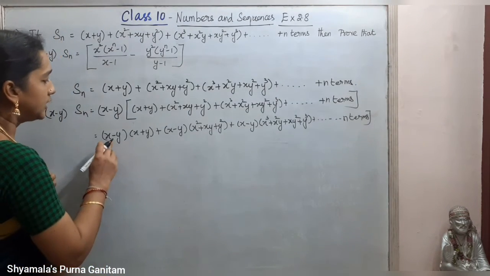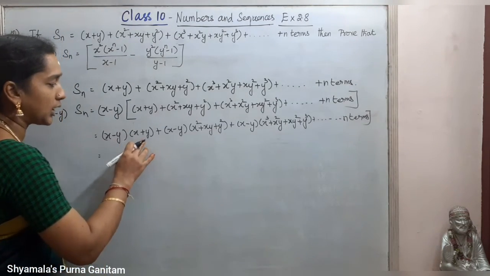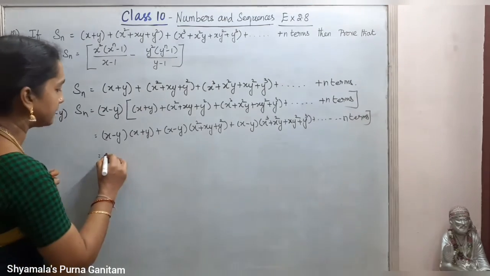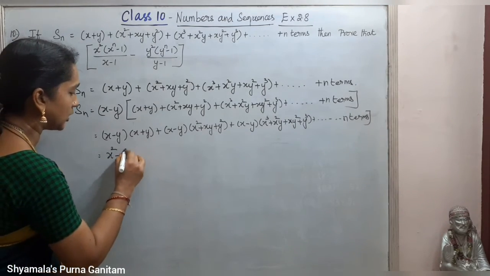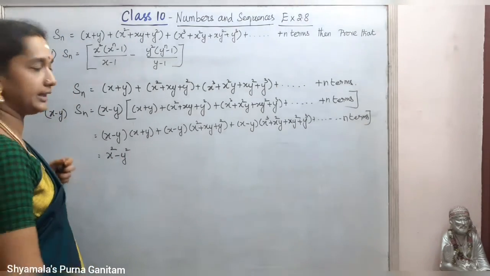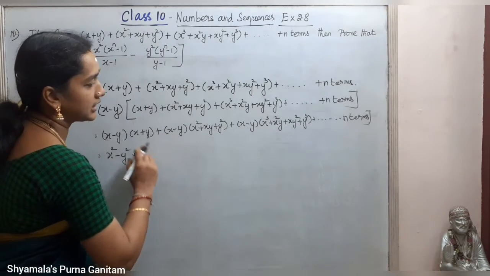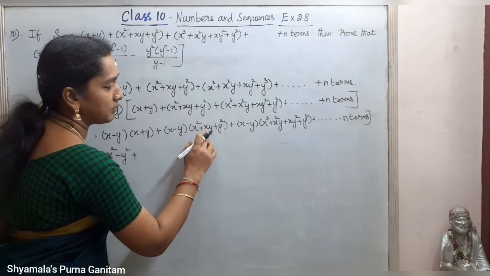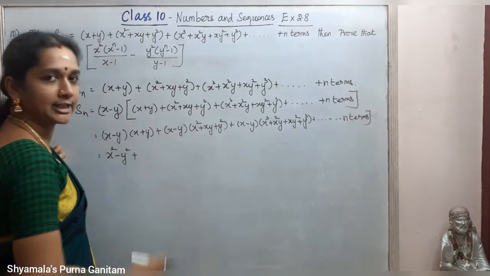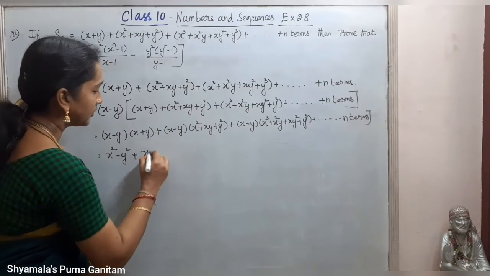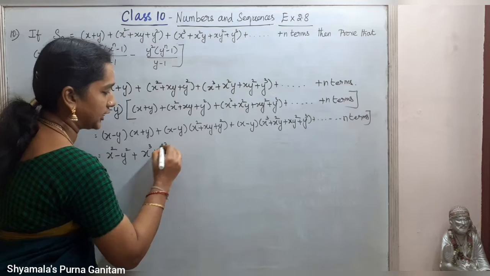Okay, so now when we multiply x minus y and x plus y, we will get x squared minus y squared using the algebraic identity. Then the next term, x squared plus xy plus y squared into x minus y, when we multiply we will get x cube minus y cube.